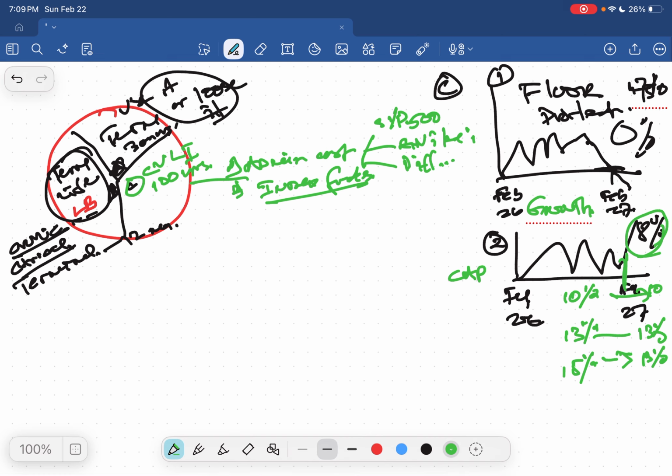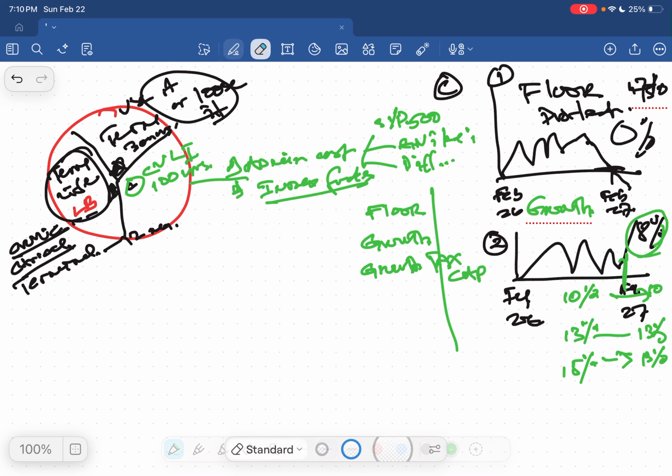Now, why do people choose this particular type of product? Well, a couple of reasons. Number one is the floor. Number two is growth with the market. Number three is that the growth is tax free.